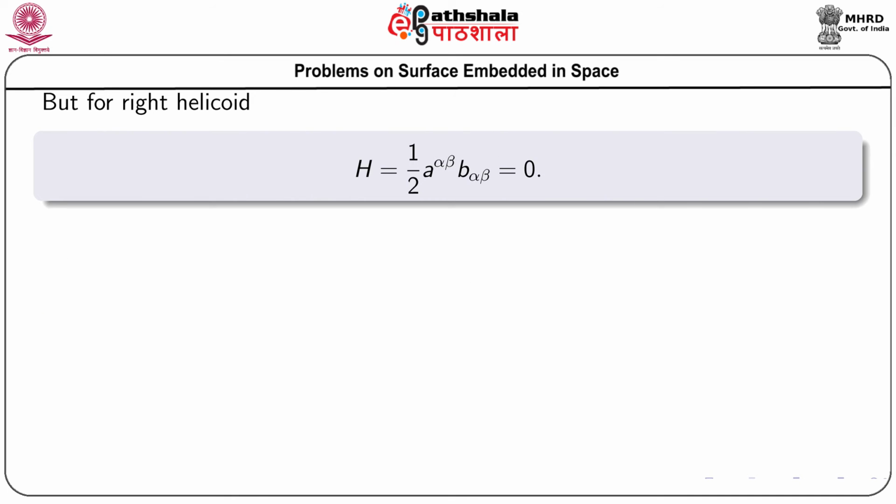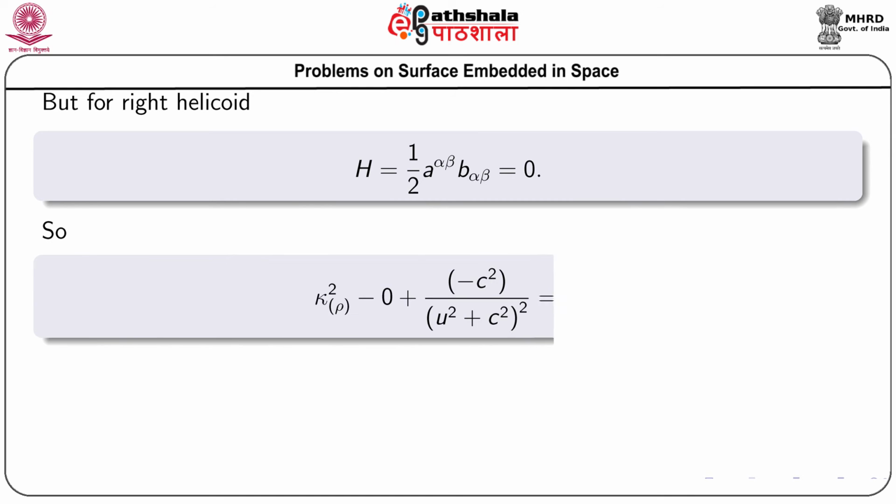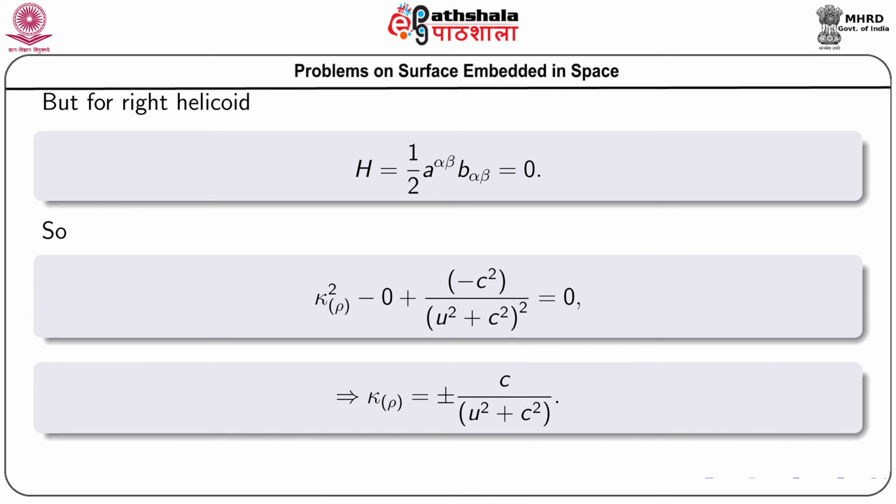Now, for the right helicoid we have h equals 0, and so kappa p square minus, so the middle term is equal to 0 and the last term comes to minus c square by u square plus c square whole square equal to 0. So, kappa p equals plus minus c by u square plus c square.